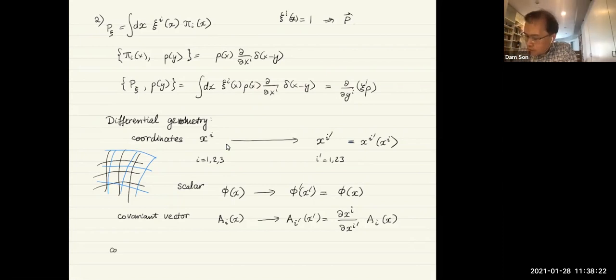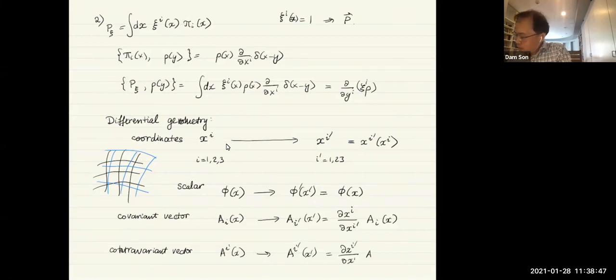There is also the notion of a contravariant vector that has an index that is on top. A^i(x) goes to A^i'(x') = ∂x^i'/∂x^i A^i(x).